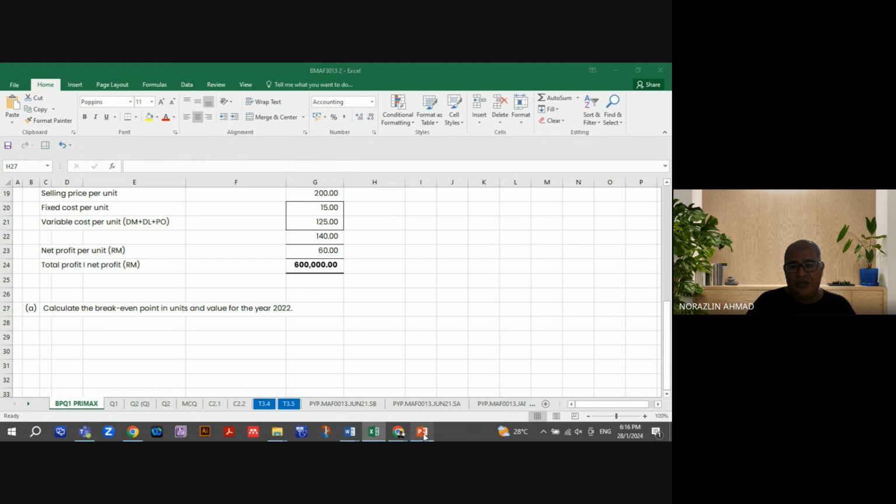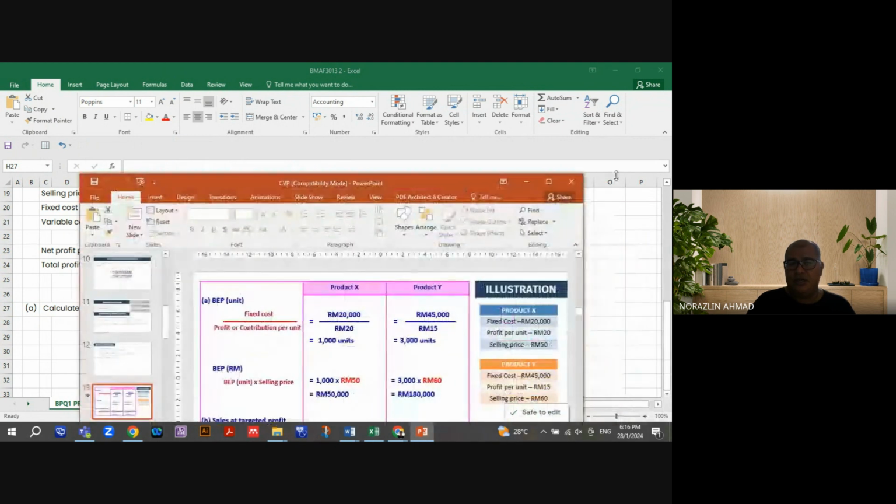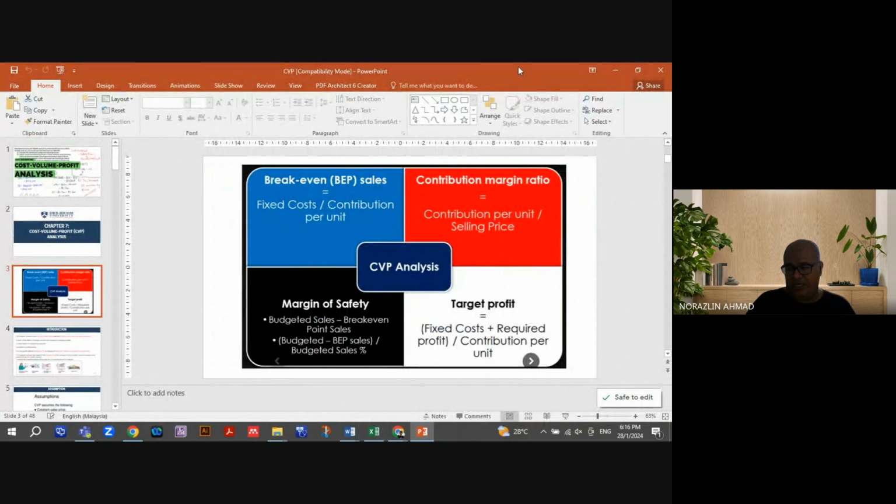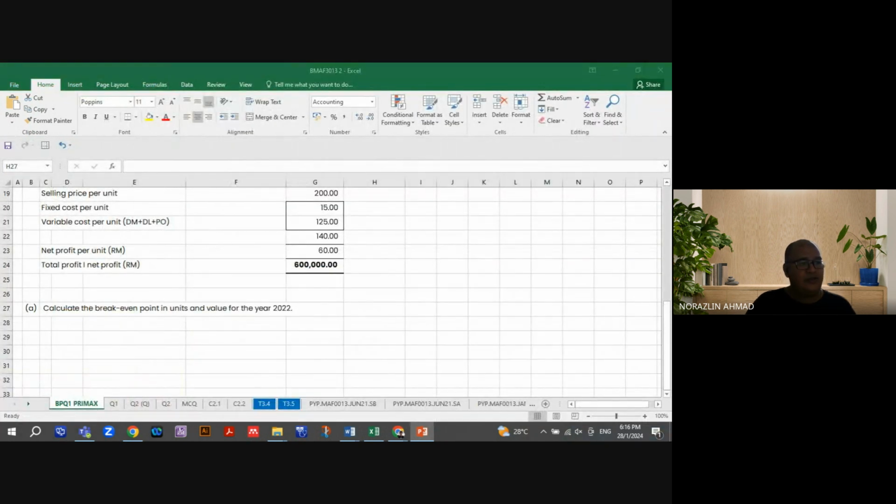What you need to do is check the formula in this PowerPoint. First of all, if this question requires it, you need to check the contribution margin per unit.